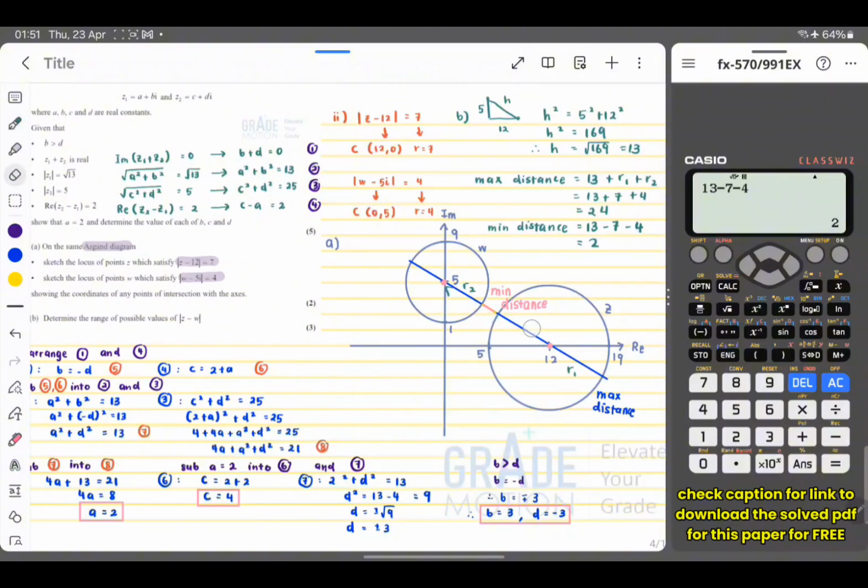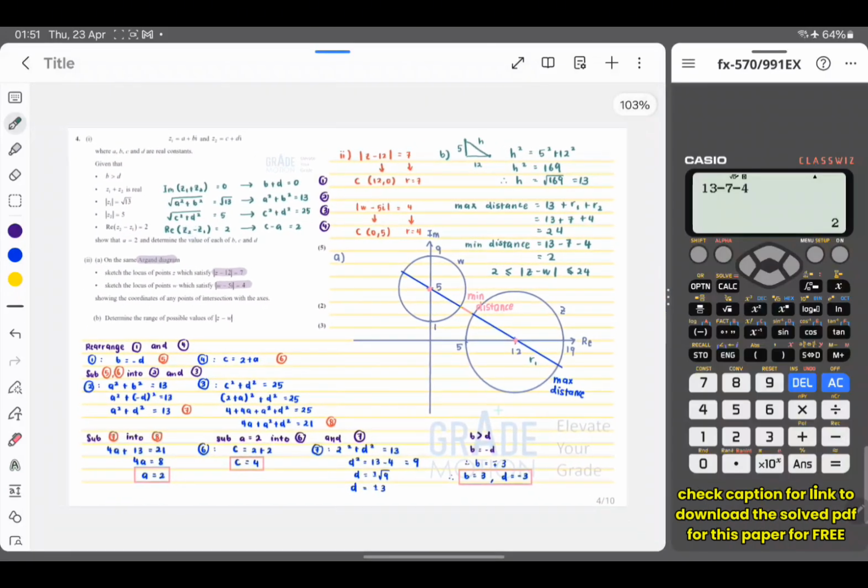Now what they want us to do is write the range of possible values. So just write it. Modulus Z minus W is in between 2 and 24. With that, we are done with question 4.